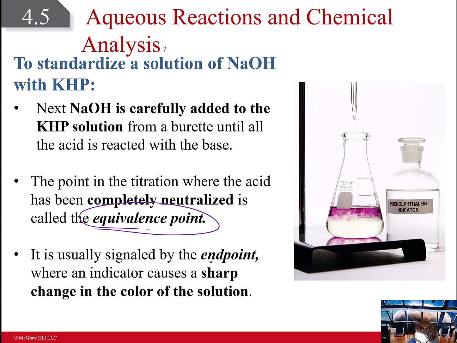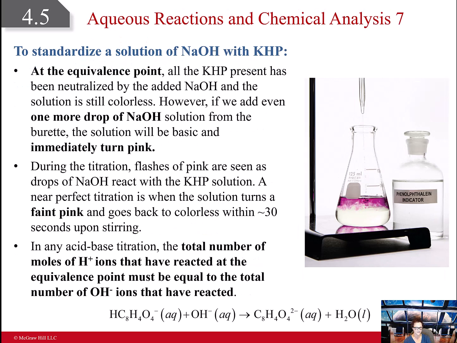The end point is where the color changes in the solution. And so the color change happens if it goes to more base than acid in there. So at the equivalence point, all the KHP has been neutralized by the sodium hydroxide.